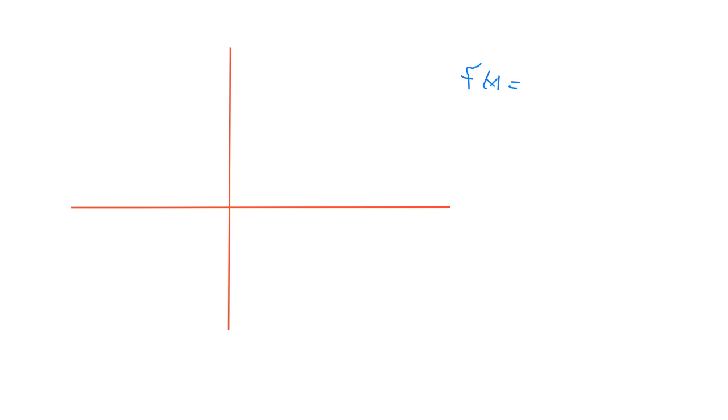So let's see. A non-removable would be something like, or a removable would be something like this. So you had f of x equals x plus 4 if x was not 5, and 4 if x was 5.